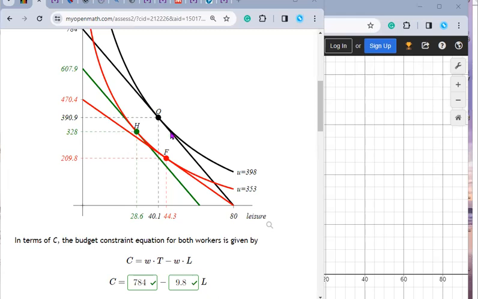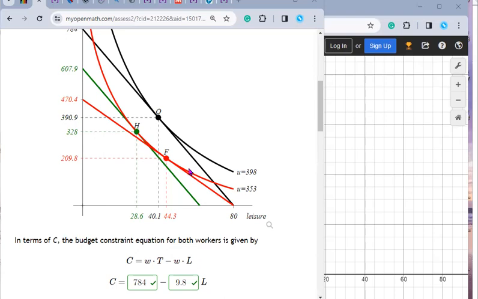At the same time, the wage rate went from 9.8 down to 5.88. So we had a decrease in the wage and a decrease in the hours worked. Both those effects are negative, so the ratio of those two is positive.